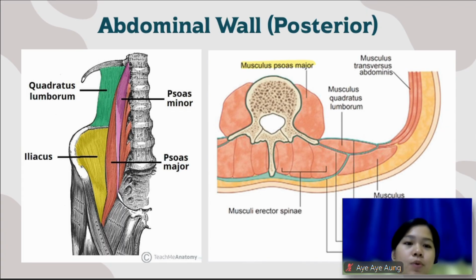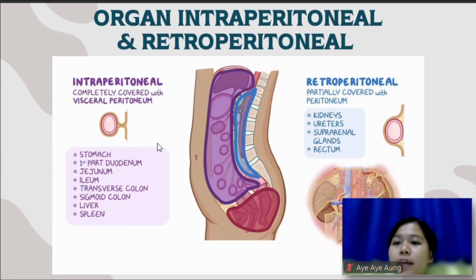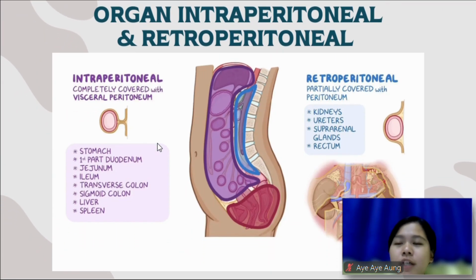And okay, we will move on to organ intraperitoneal and retroperitoneal. So the intraperitoneal organs are completely covered by visceral peritoneum. They are mobile and usually have mesentery.